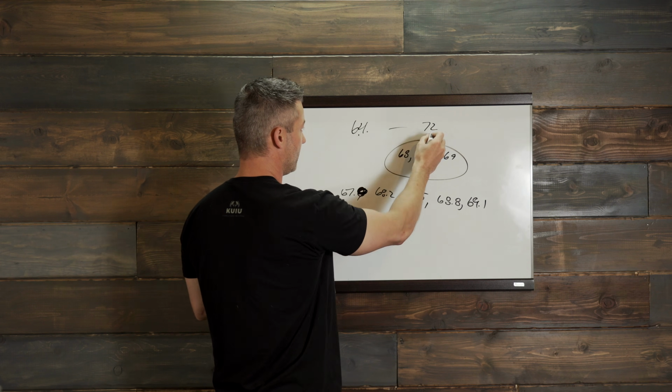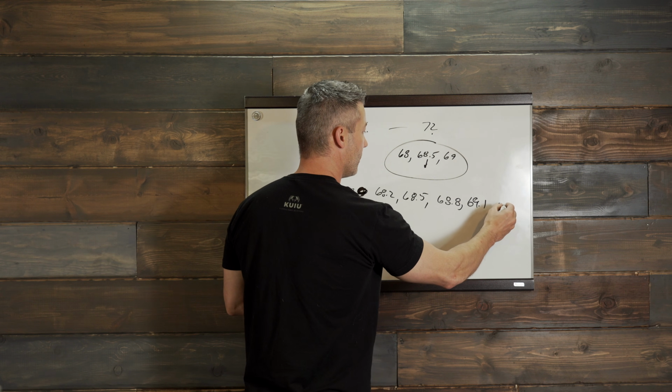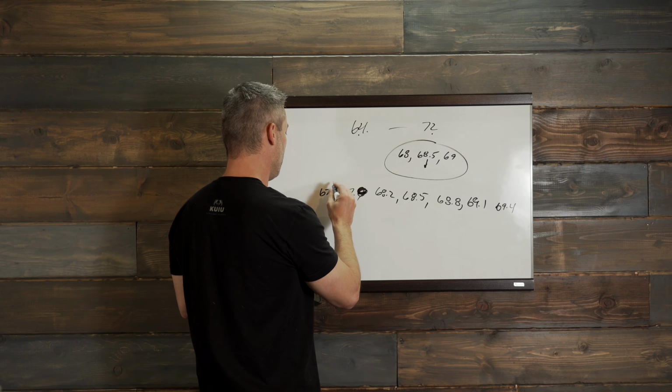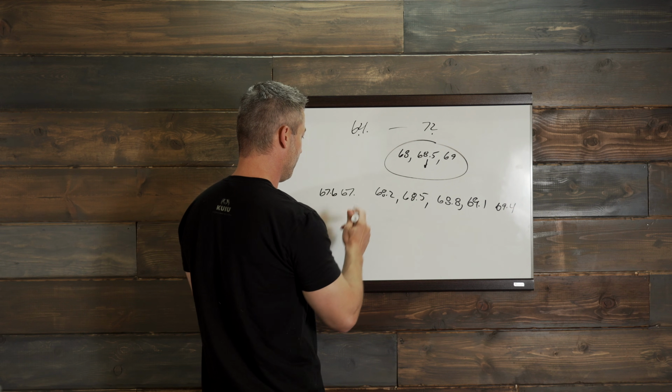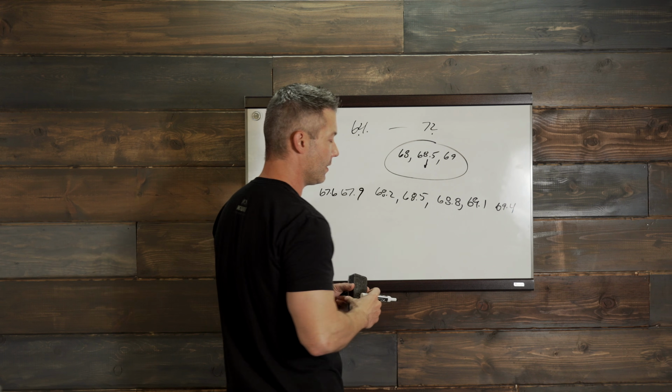Instead of going clear back to 64 and up to 72, we can lower that window, maybe go another one there, and then 67.6 here. Clean that up. So now we've got 0.3 of a grain increments.